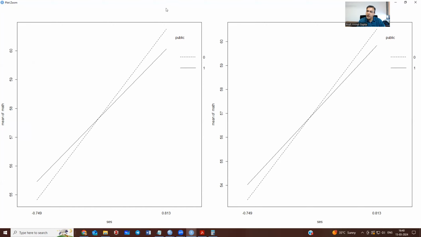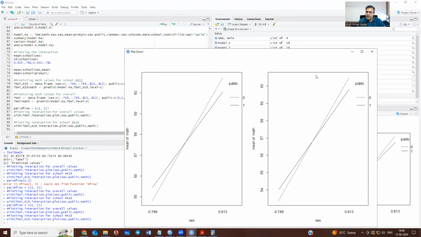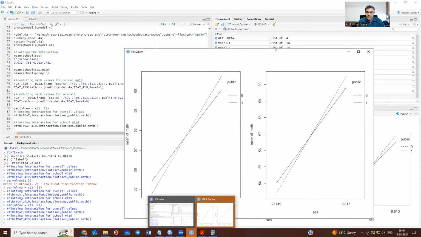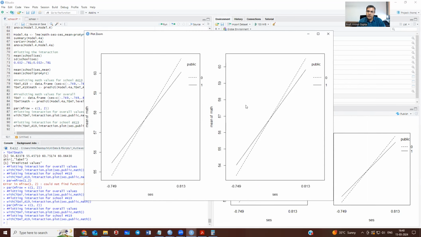But in your research, in your papers, you can just plot it for overall. You don't need to do it for a specific school. You can say, okay, this is how it varies in our data. This is the impact of the moderation that we are getting. Is this okay?